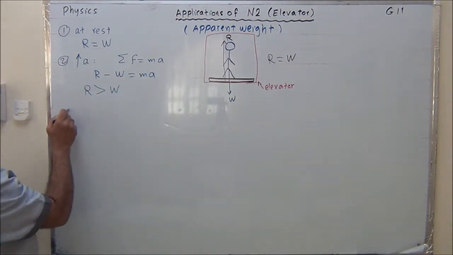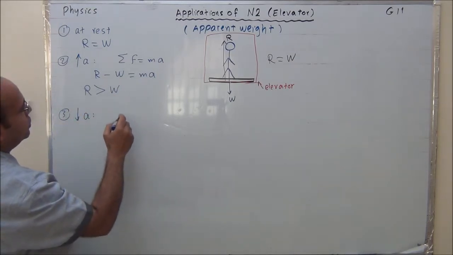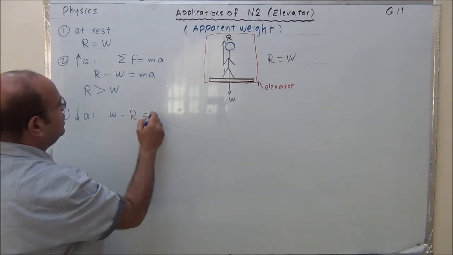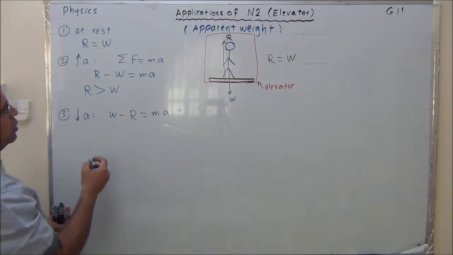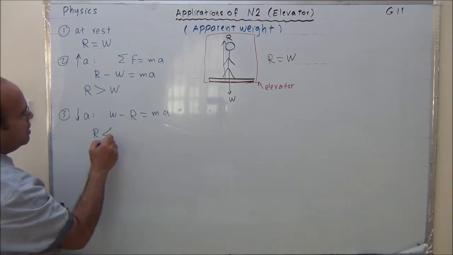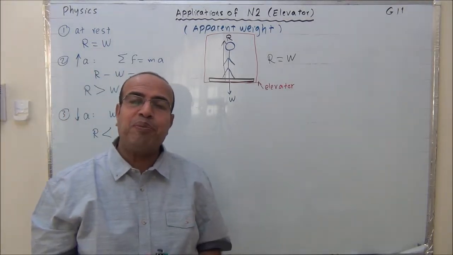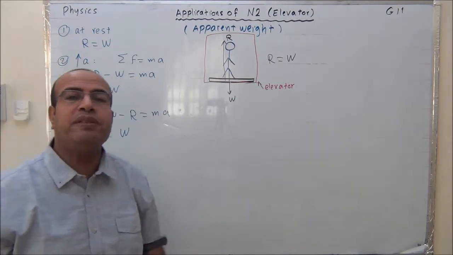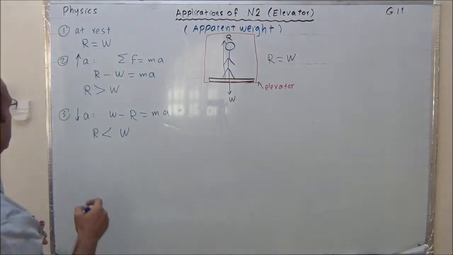In the third case, if the elevator moves down, W minus R equals ma. In this case R is less than the true weight, so the apparent weight is less than the true weight of the person.